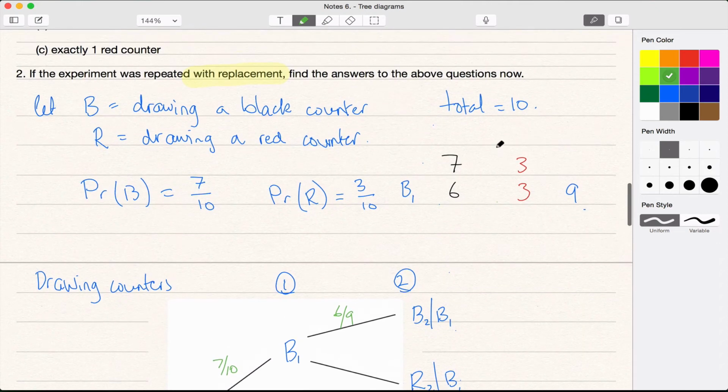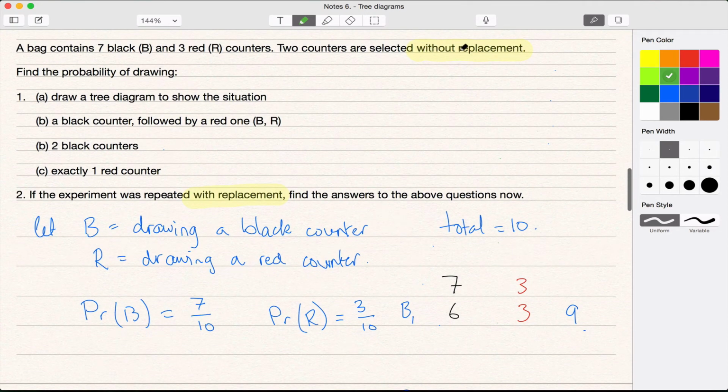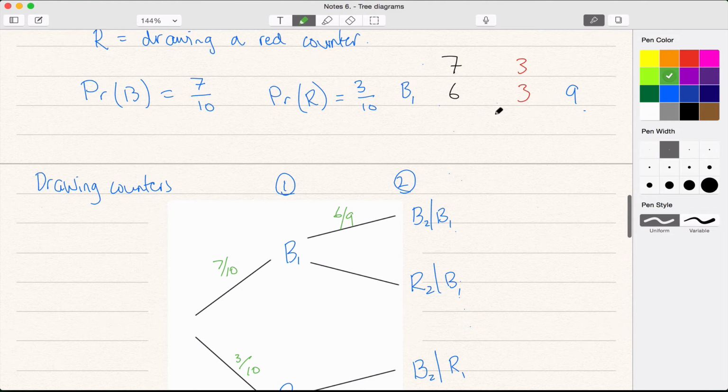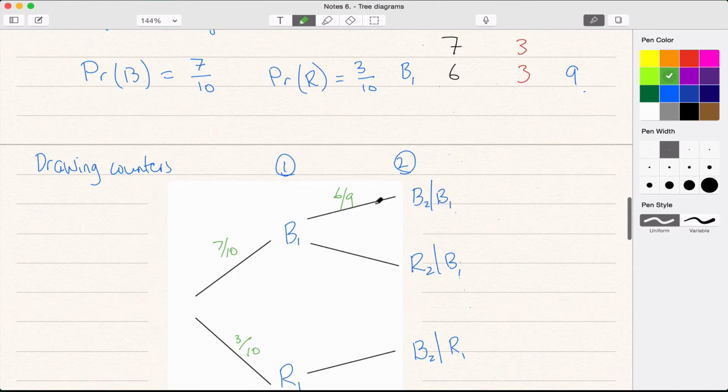So this is where the without replacement comes important, because we need to make sure we take that into account when we're working out these second probabilities. Chance of a red, given that we pulled out a black the first time, is 3 out of 9.